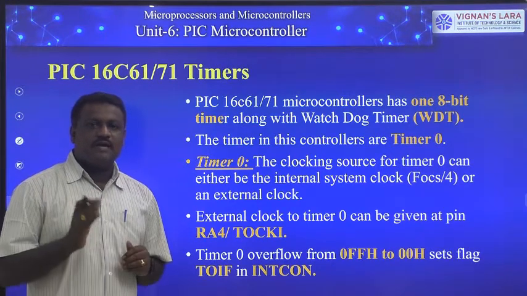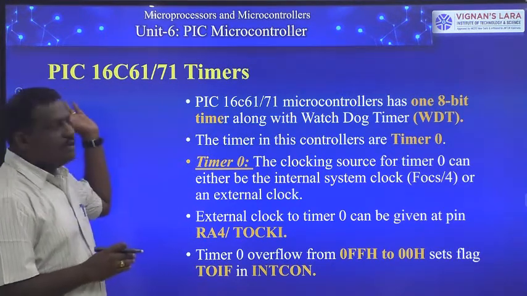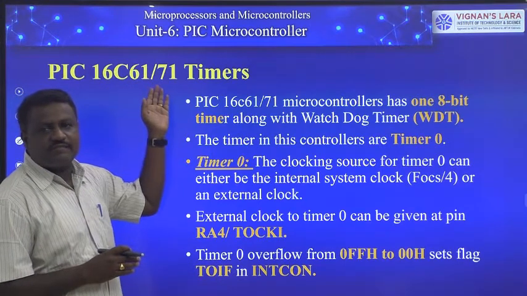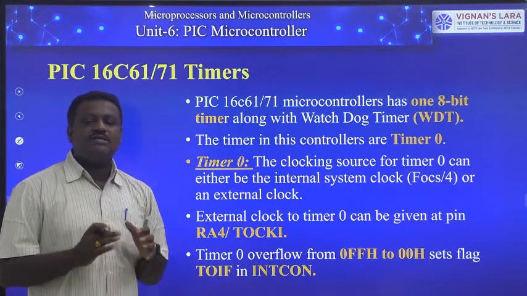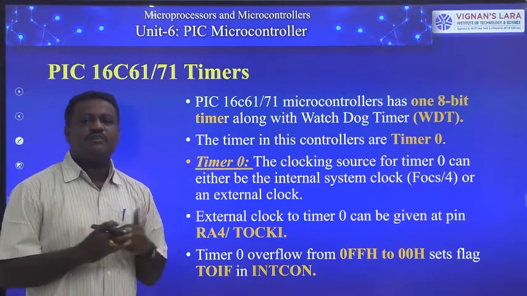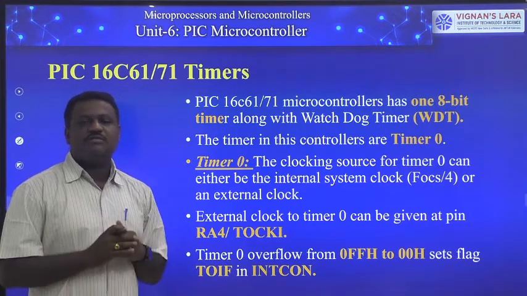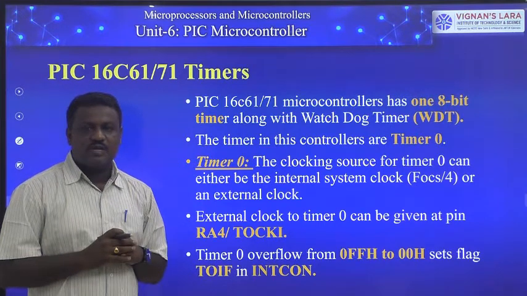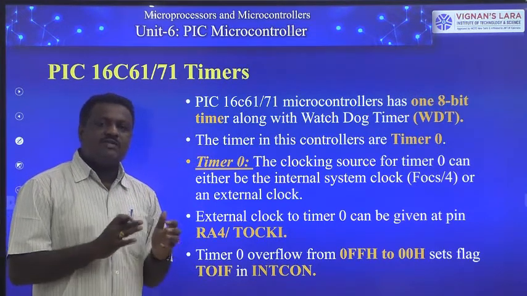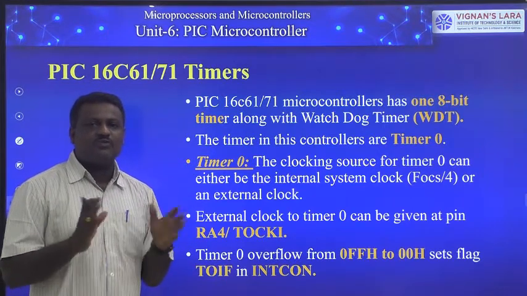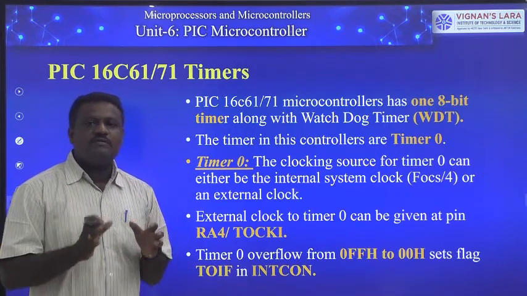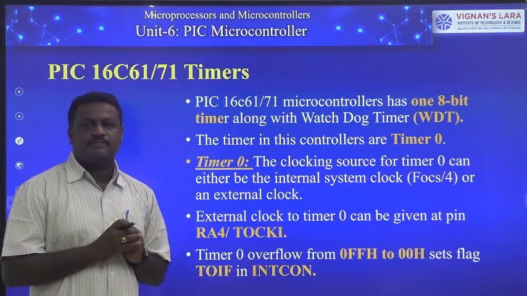In today's class, I am going to discuss the topic PIC 16C61/71 microcontroller timers. We know that most microcontrollers have timer/counter circuits. Those act as a timer as well as a counter. In both cases, what they are actually doing is counting the input clock pulses.